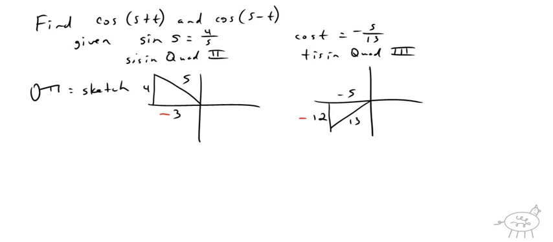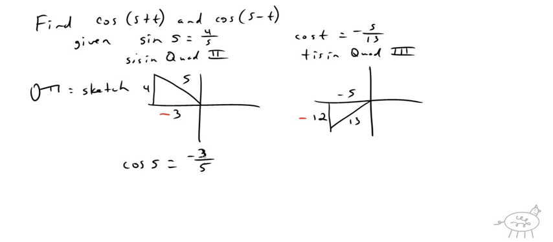Okay, so in order to do cosine of S plus T or cosine of S minus T, I need cosine S, cosine T, sine S, sine T. You guys agree with that? Well, in the first one, I'm giving you sine of S, so I need to get cosine of S. Well, what's cosine of S? It's -3/5.